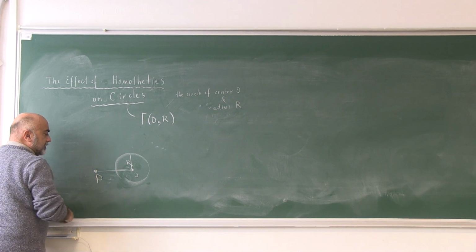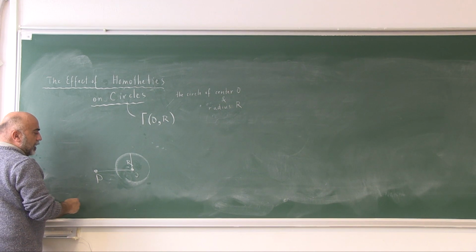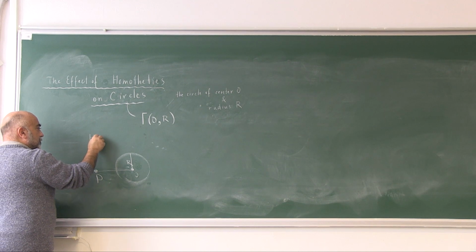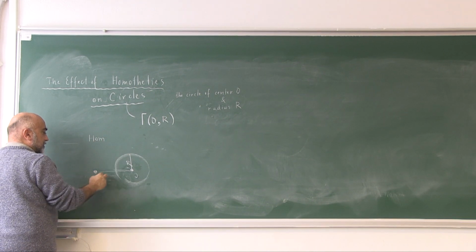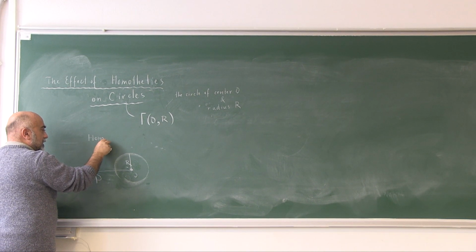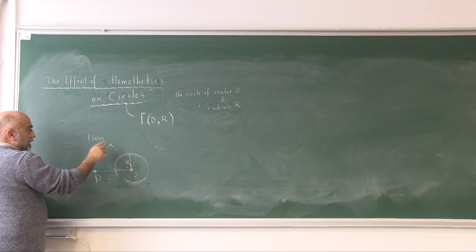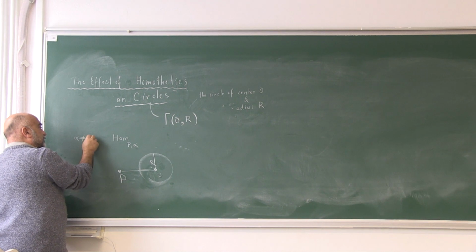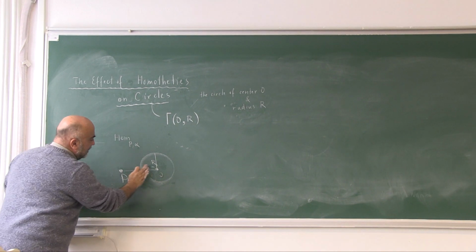I would like to know the effect of a homothety with center of similitude P and ratio of similitude alpha. Note that alpha can be any number. I have only excluded the possibility of zero, because that would be wrong. Silly.